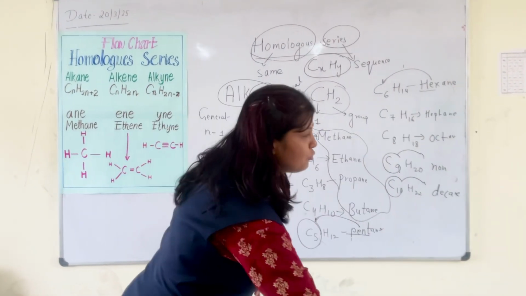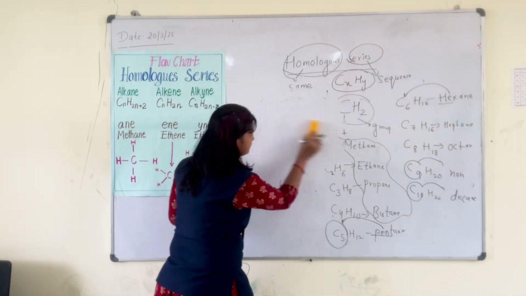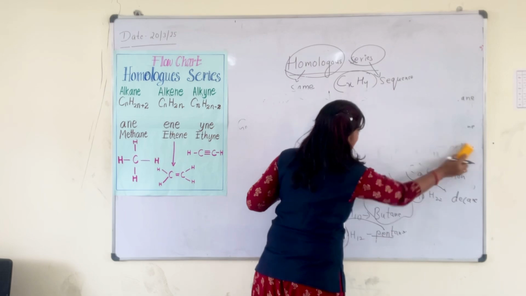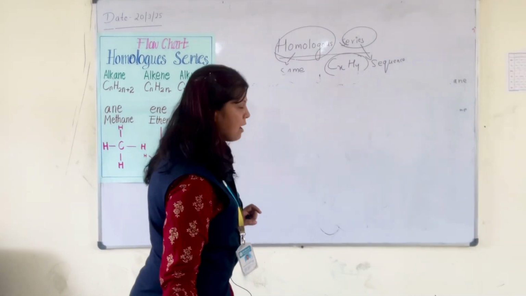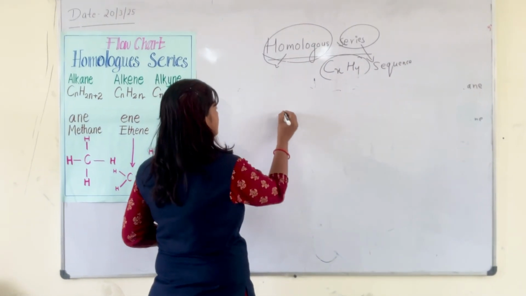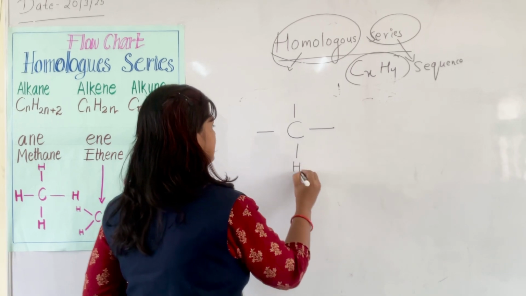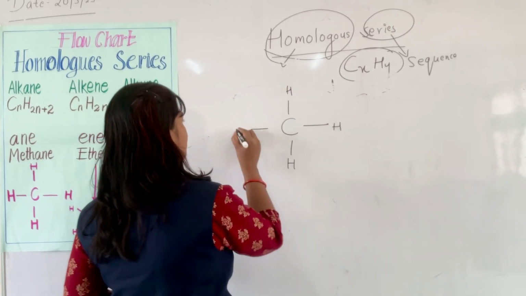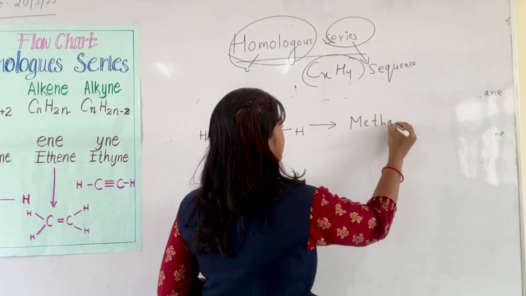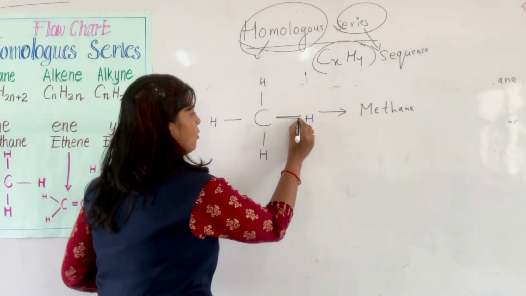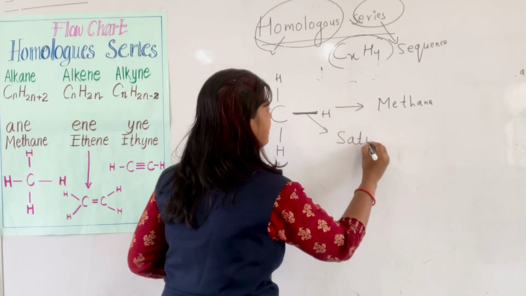Now, how to draw the structure of methane in the alkane family? The first member of the alkane family is methane. Now I'll show you how to draw the structure of methane. Carbon linked with 4 hydrogen like this. This is the structure of methane. Which bond is formed? Single bond. Single bond means a completely saturated bond.